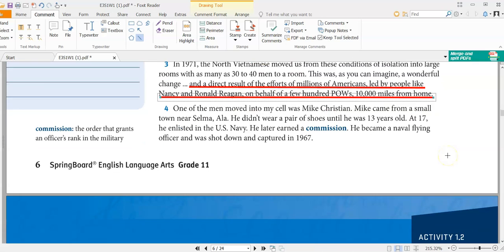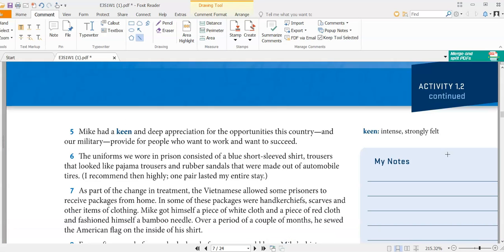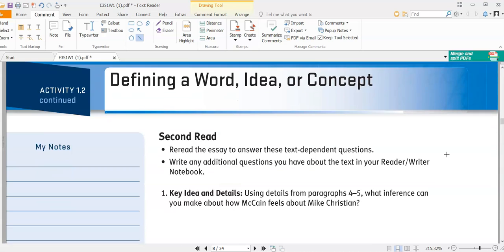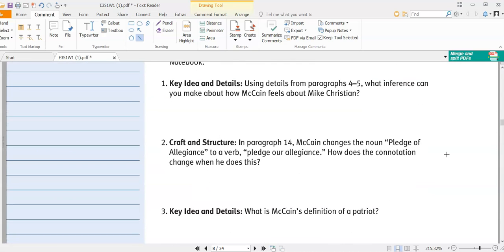So now we're going to skip forward to the questions. Like I said, you need to make sure you finish annotating the rest of this essay before you go to the questions. But once you're done with that and you get to these questions, I can give you a little bit of guidelines as to how to answer them. So the first one says, using details from paragraphs 4 to 5, what inference can you make about how McCain feels about Mike Christian?